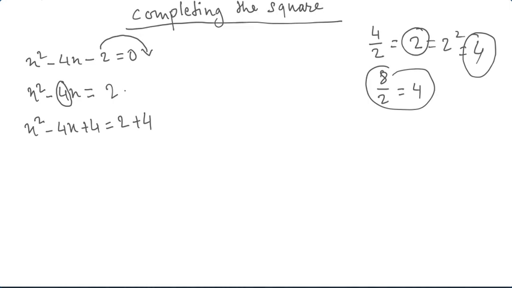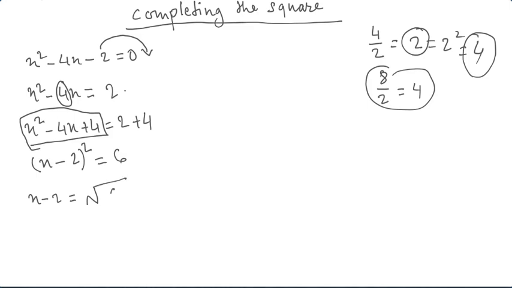So here x squared minus 4x plus 4 can be written as x minus 2, right? Squared, is equal to 6. So 6, right? So x minus 2 is equal to root over 6, because we remove the square from here.